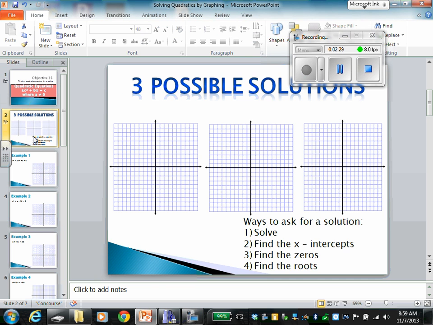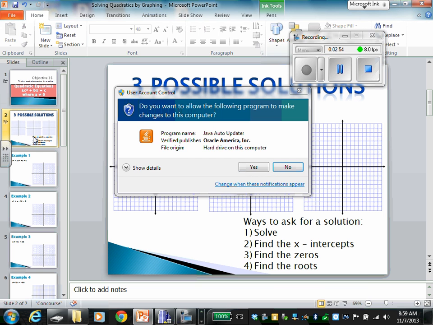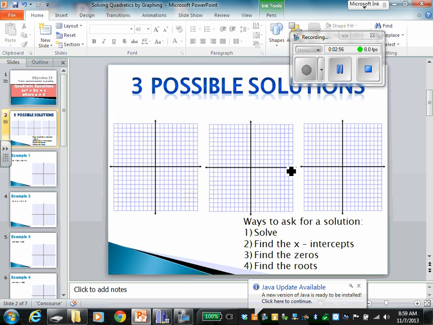Okay. Like systems, there are 3 possible solutions. Now, what I need you to understand is that it's not linear. Linear equations become what shape? A line, right? Everything we've done so far has been linear, and everything that we have graphed so far has been a line. Okay? This is going to be a parabola.